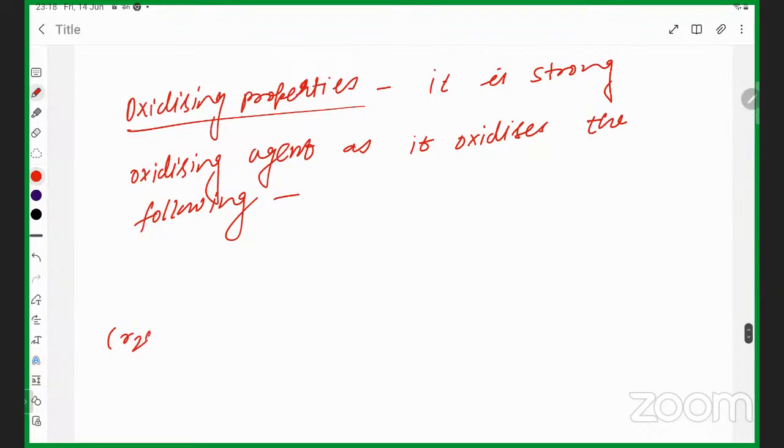If I write Cr2O7 2 minus, how is it going to oxidize? I minus to I2. This is the first one.